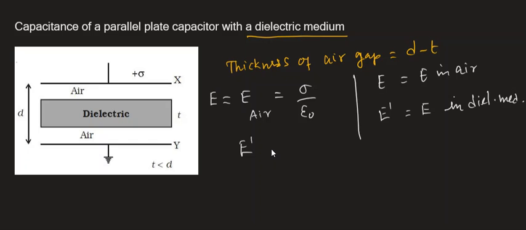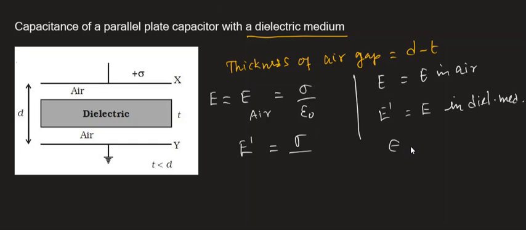So E dash is equal to sigma divided by epsilon, which is the permittivity of a certain medium, is it not?